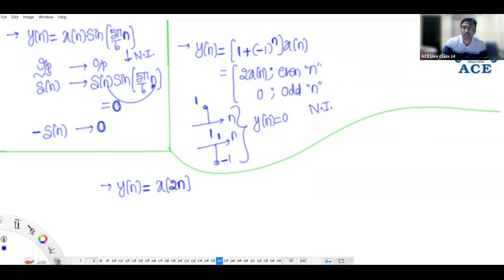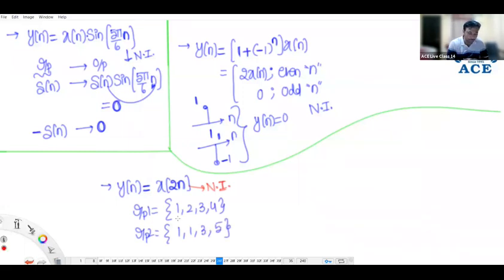Inverse of interpolation is decimation, but the converse statement need not be true, because we have zero interpolation, step interpolation, linear interpolation, like that, sir. If you have taken input numbers like 1, 2, 3, 4, and another input like 1, 1, 3, 5, we change the amplitude of input, but after decimation, both produce the same output.